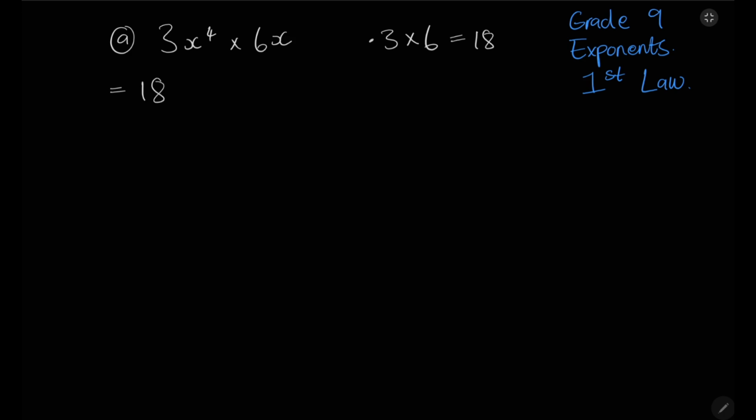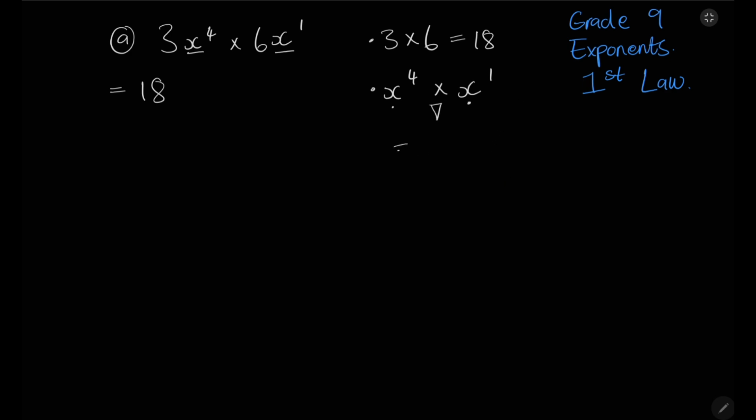18. Let's move to our variables. You have x to the power 4 and x, which is basically x to the power 1. We can write this on the side as well so that it's less confusing. We'll say x to the power 4 times x to the power 1. Do you have the same base? Yes. Are the bases multiplied?